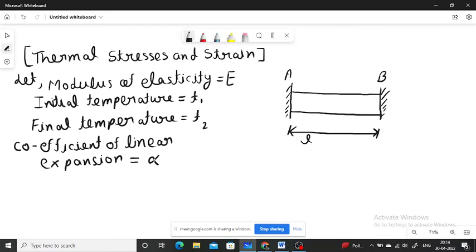Coefficient of linear expansion means change in length per degree centigrade.